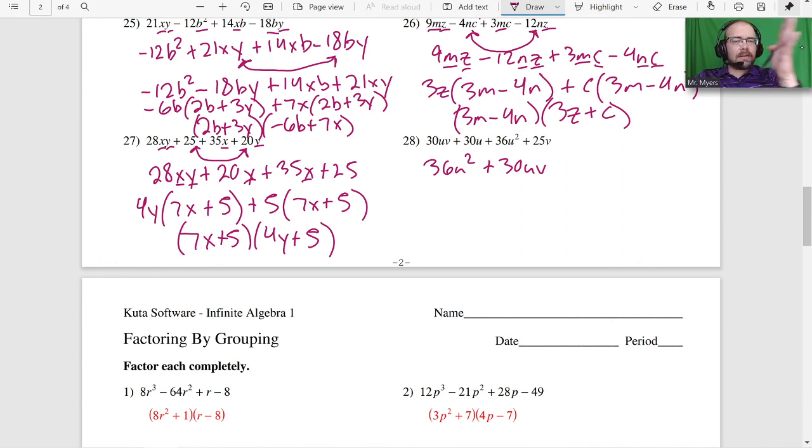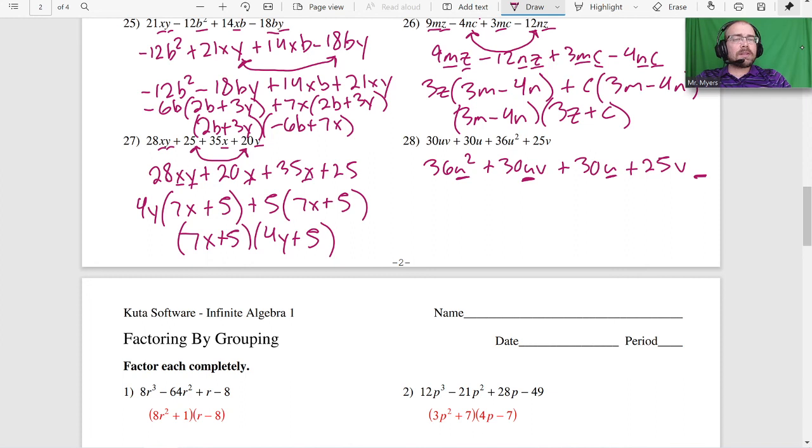We want to decrease by 1 power. So we have to have a u here to go with it because we're going down by 1 power. Right? So now the pairing is u squared down to u. So next we would want to do our 30u, and then go down to no power of u, which is the 25v. Right? No power of u.